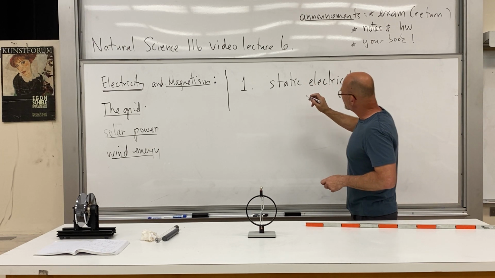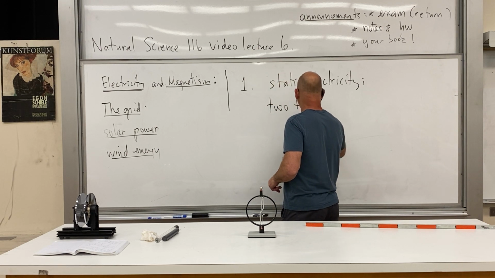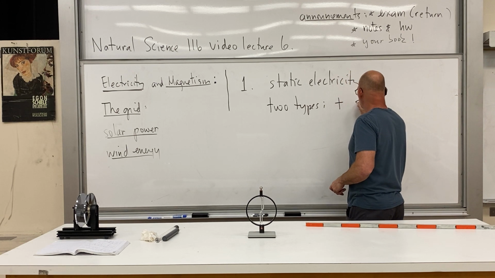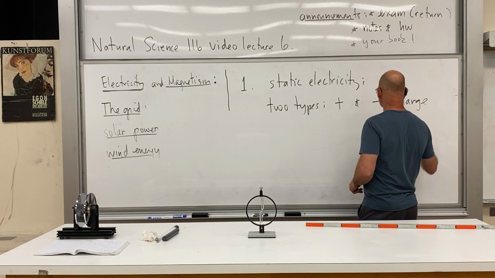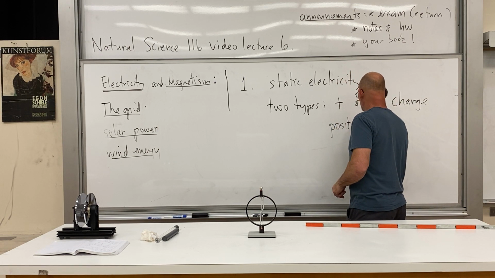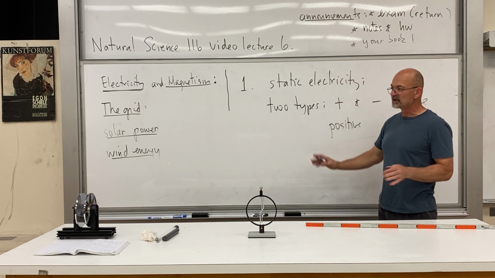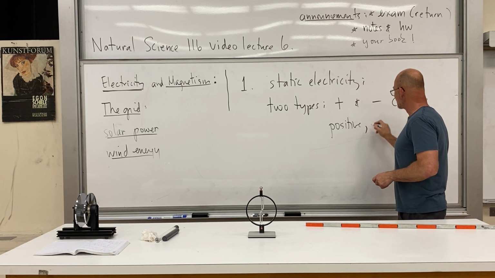Another thing that's learned about it is there are two types. And we say there is positive and negative electric charge. Okay, so positive and negative charge. You know, they could have called them hot and cold, or A and B, or whatever they wanted to. I think it was Benjamin Franklin who came up with the idea of just calling them positive and negative.